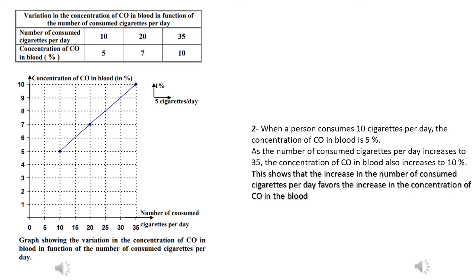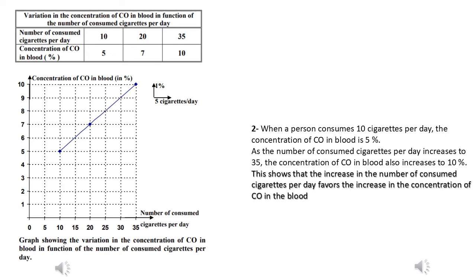What happens when the number of consumed cigarettes per day increases? As the number of consumed cigarettes per day increases to 35, the concentration of carbon monoxide in the blood also increases to 10%. This shows that the increase in the number of consumed cigarettes per day favors the increase in the concentration of carbon monoxide in the blood.